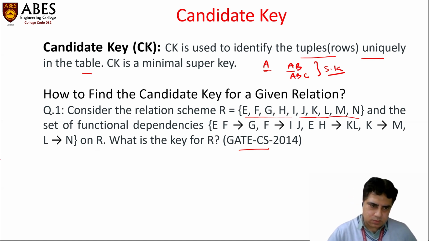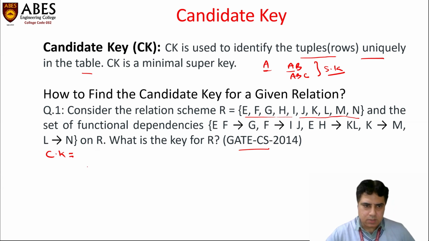Now, how to find out the candidate key in this question? There is a trick to find the candidate key. From the given functional dependencies, we have to check the attributes missing from the right hand side of the given functional dependencies.